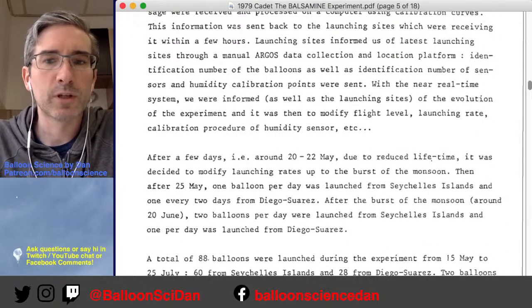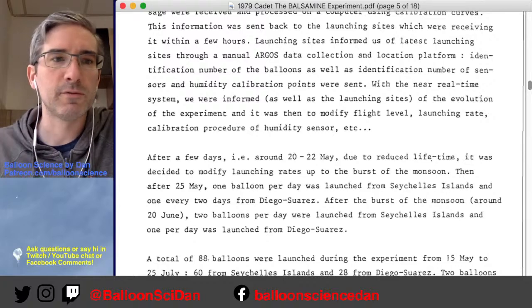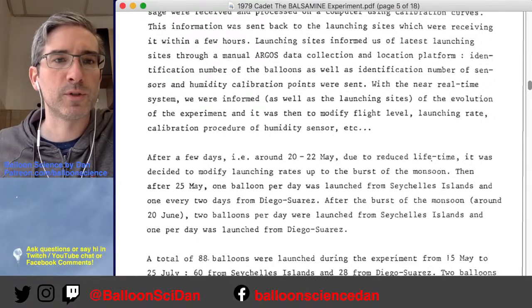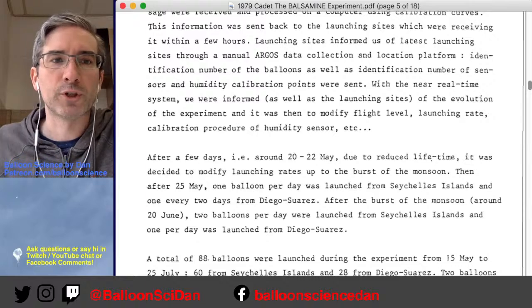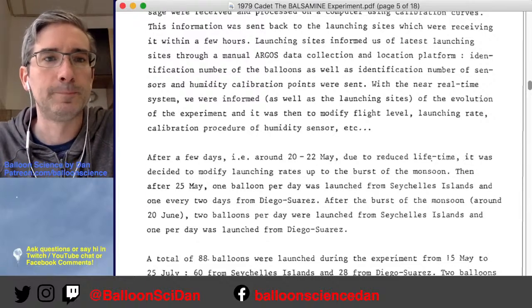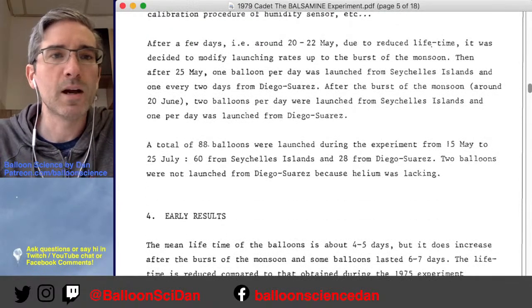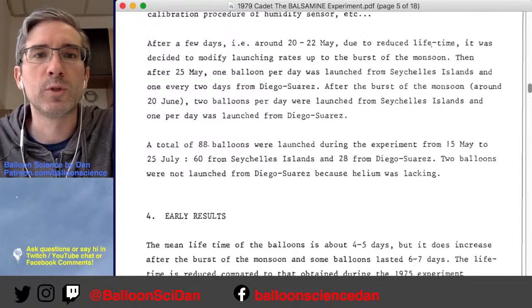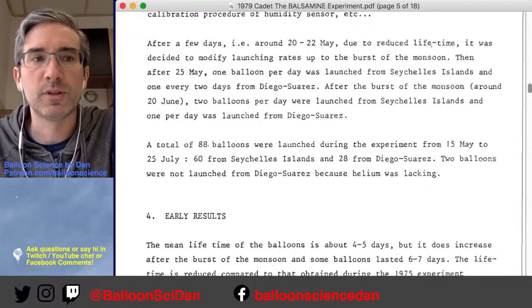With near real-time system, we were informed, as well as the launching sites, of the evolution of the experiment, and it was then possible to modify flight level, launching rate, calibration, etc. After a few days, due to reduced lifetime of the balloons, it was decided to modify the launching rates up to the burst of the monsoon.